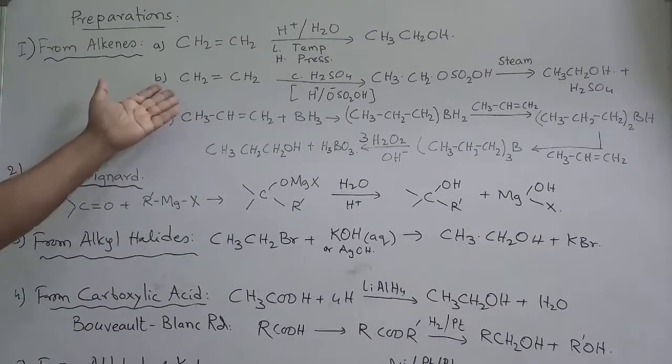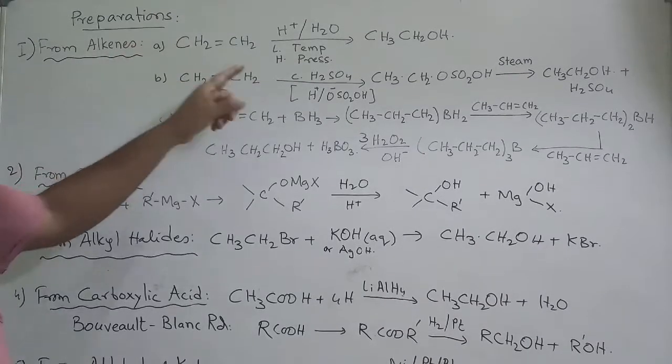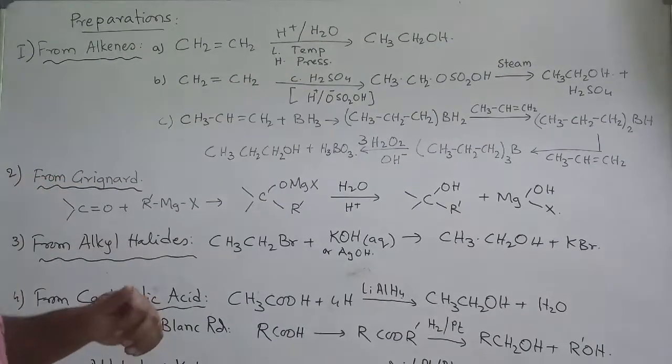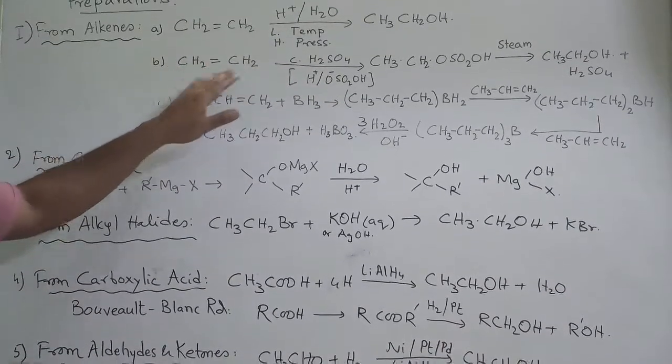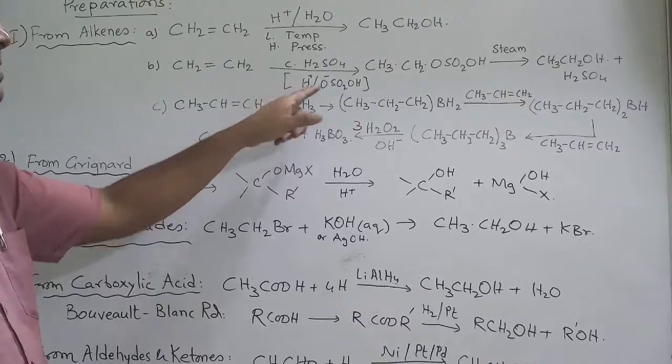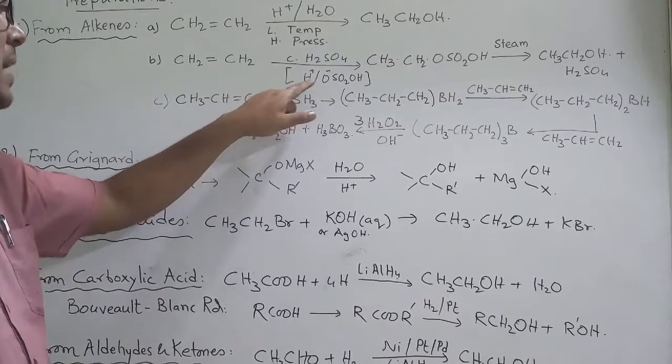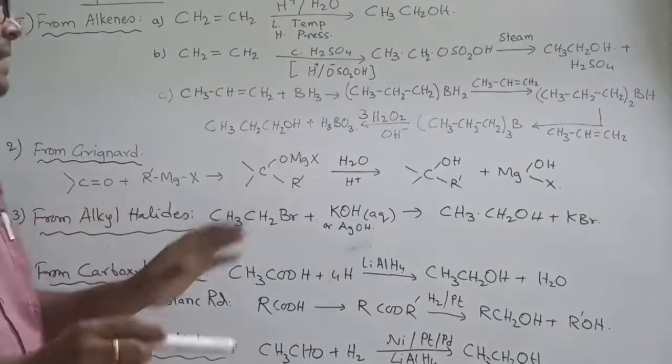Or you may do it in this way: take ethene with concentrated sulfuric acid. What happens is that sulfuric acid breaks up into H plus and OSO2OH minus.